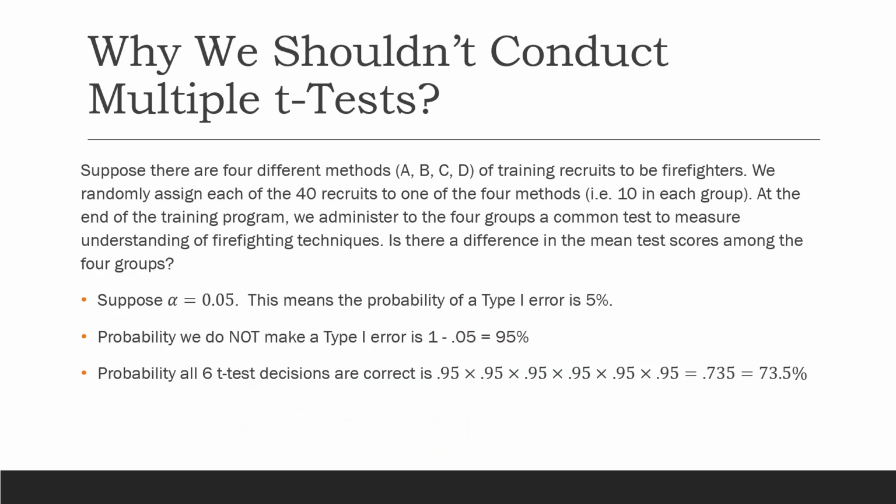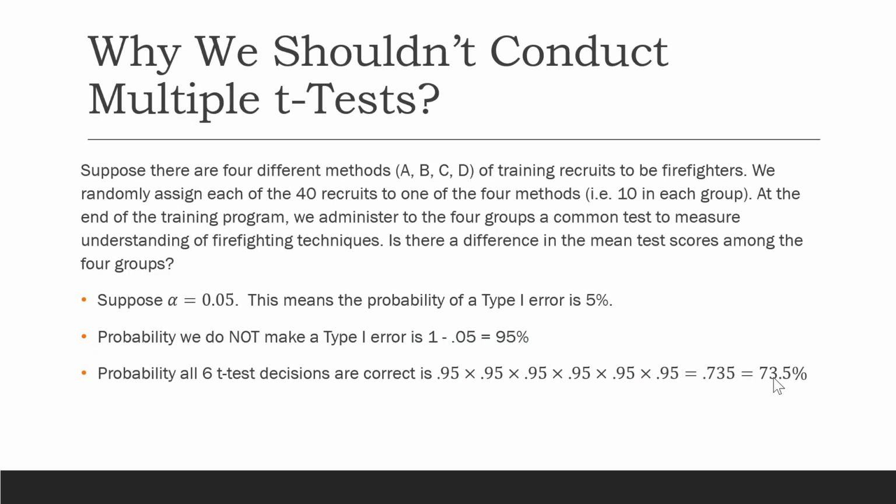So I can calculate the probability that all 6 of those t-test decisions are correct by multiplying 0.95 6 times, or you can say 0.95 to the 6th power. When I do that calculation, I get 0.735, which is the same thing as approximately 73.5%, right?